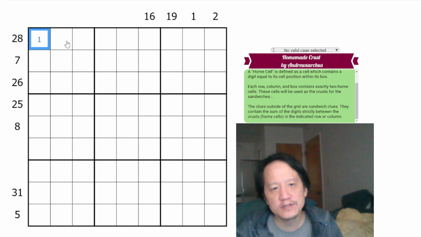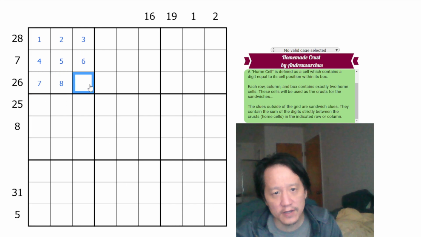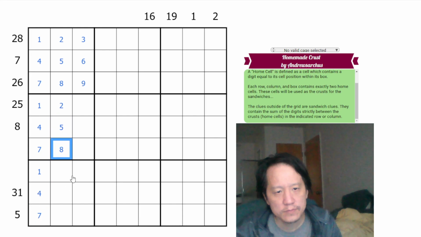Okay, so if it's a crust, it's a 1, a 2, a 3, 4, 5, 6, 7, 8, and 9. So this is the same. Oh, interesting. So we know there's 2 in each column.